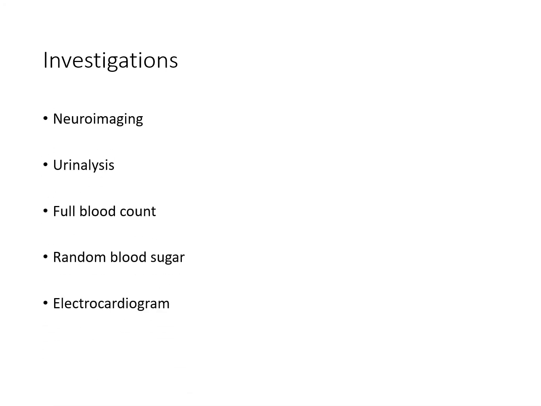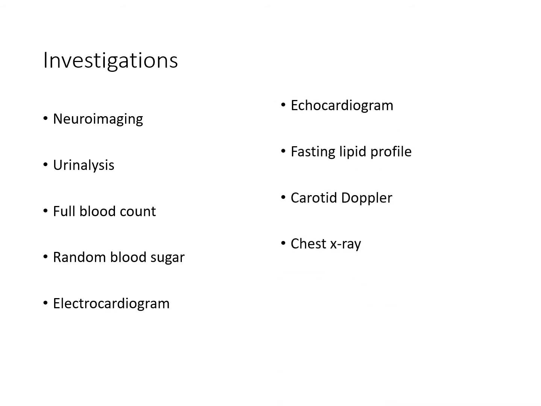So investigations, neuroimaging. The patient comes to you with signs and symptoms of stroke. After you've ruled out hypoglycemia, you want to take the patient immediately for an urgent brain CT. Okay, that's the algorithm. You want to at least check his glucose level, then rush the person immediately for an urgent brain CT to know what we're dealing with, to know if it's an ischemic stroke or a hemorrhagic stroke.